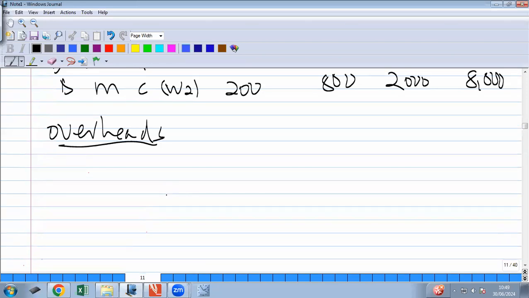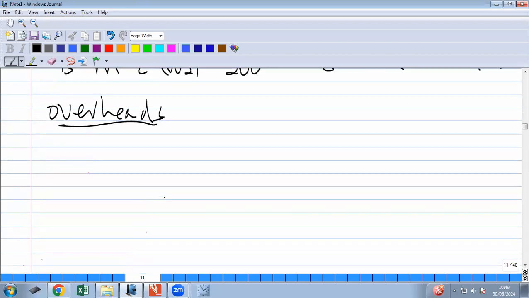Under ABC, it's the activities, and we have the factors that cause the cost to those activities. That means for each activity we need to identify the cost driver. So we are going to break the overheads down into all of them.